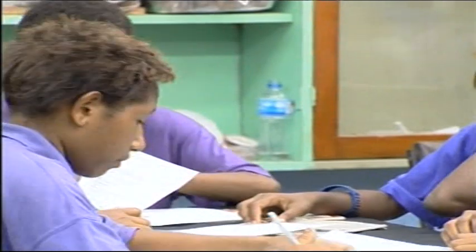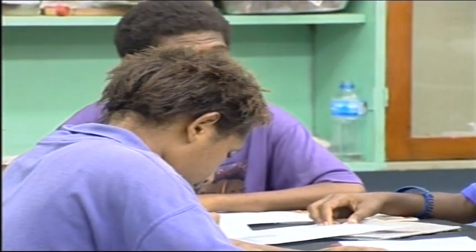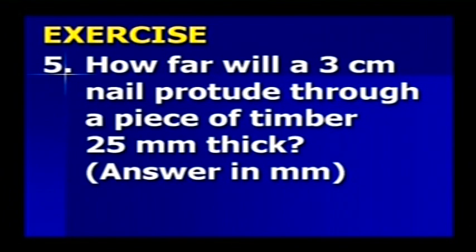Question 5 and question 7. I'll just go through the questions first, class. Our exercise, question 5 and question 7, is taken from our students' workbook, pages 8 and 9.